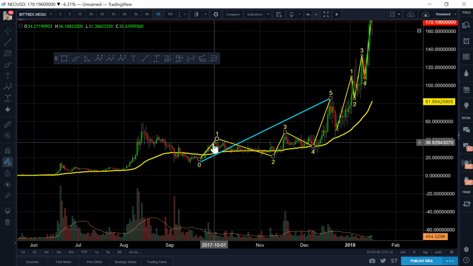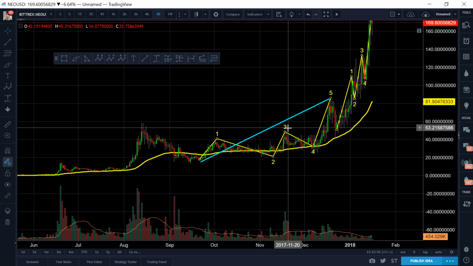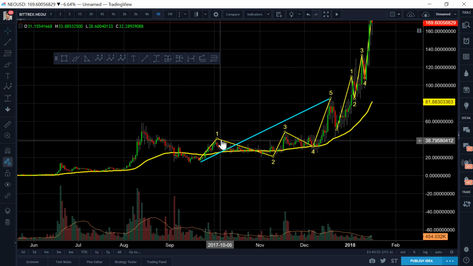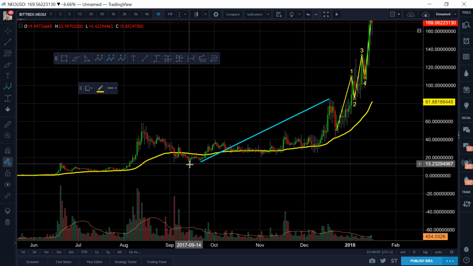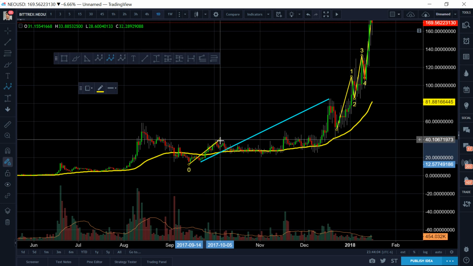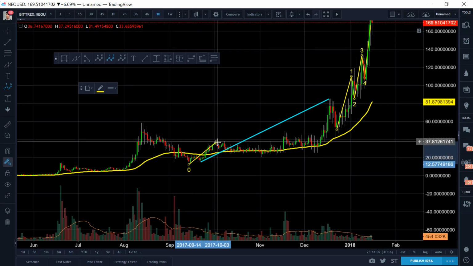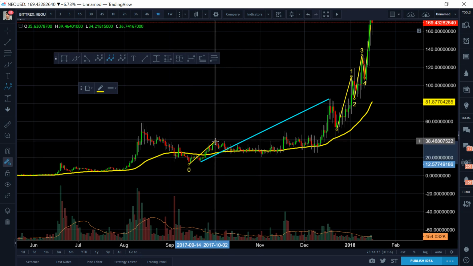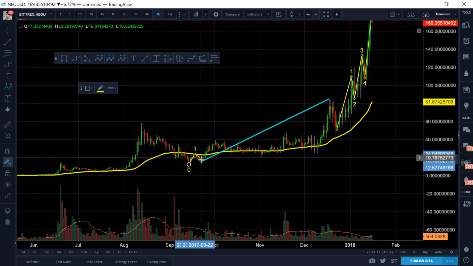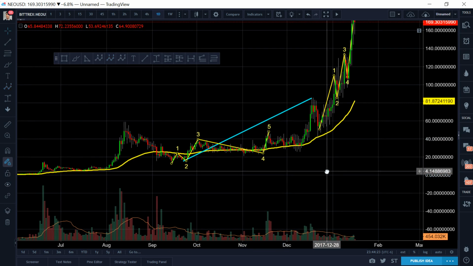I'm convinced that this one here is the 3rd impulse wave up, and this is the 5th one for a big push up there. So 1, 2, 3, 4, 5. I'm very convinced that my wave count is correct, where this is, sorry, I forgot my wave count already. 1, 2, 3, 4, and 5, like that.